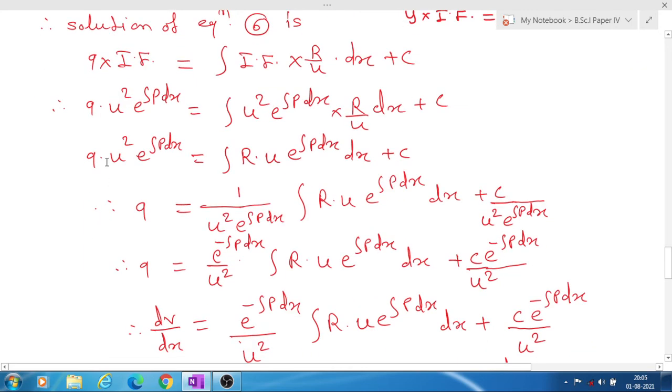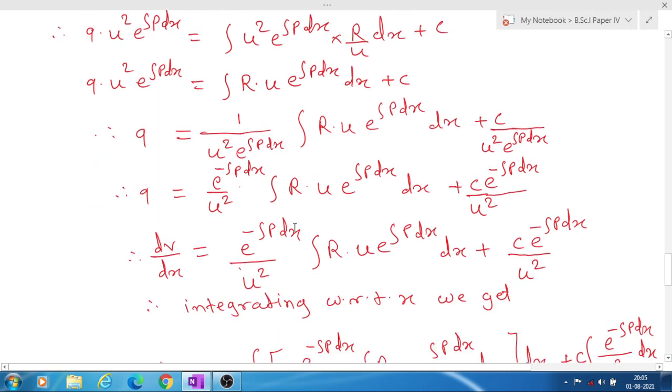So q into u square into e raised to integral p dx is equal to, here dividing by u, u square becomes u, so r into u into e raised to integral p dx into dx plus c. From this we can write the value of q by dividing the equation by u square into e raised to integral p dx.